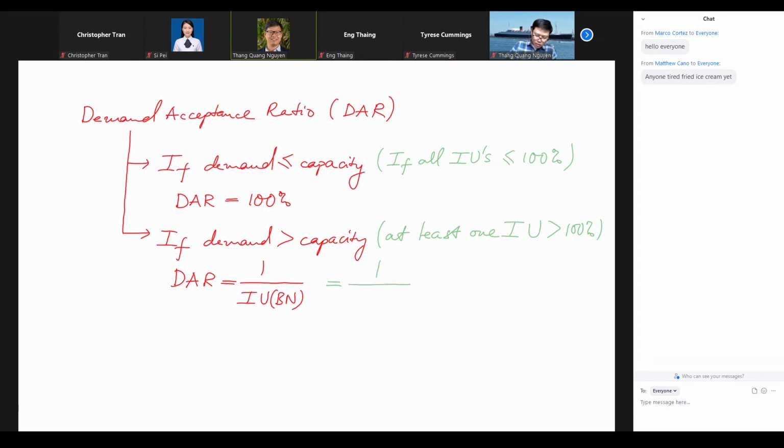Using the equation, we take 1 divided by the IU of the third resource, because that's the bottleneck, and that is 125%, or 1 divided by 1.25. If you calculate it, it's 0.8 or 80%. What it means is, because demand exceeds capacity, we can only accept 80% of the orders, okay?